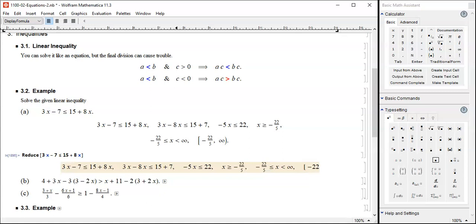Negative 22 over 5, infinity, like this. Toward infinity, we always have parentheses because nothing can be equal to infinity. For the number part, you can sometimes have parentheses, sometimes brackets. Semi-inequality, when equality is allowed, that's when we have a bracket.